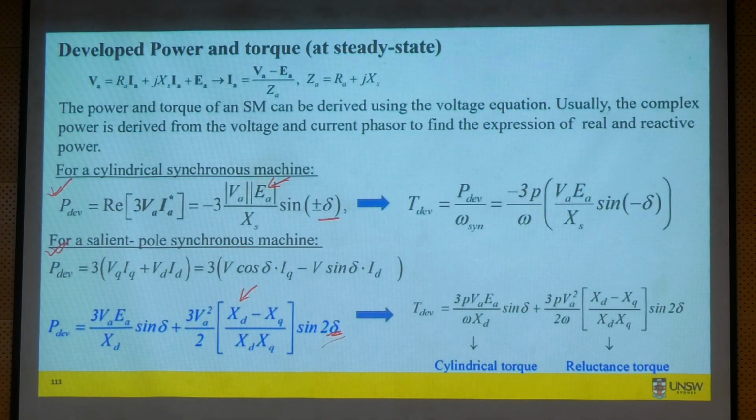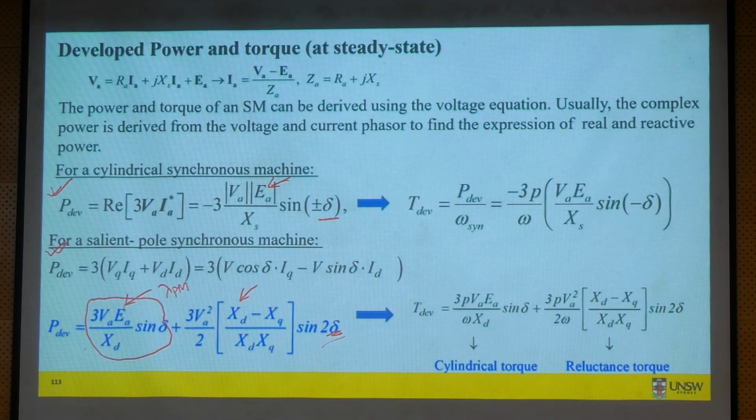In this equation of our salient pole machine, the first part, it has two parts, as you know. The first part is very similar to the uniform air gap machine, right? And this part for PM machine is related to the magnet, because back EMF E comes from the magnet flux, lambda PM, right?